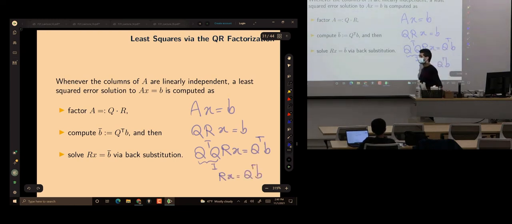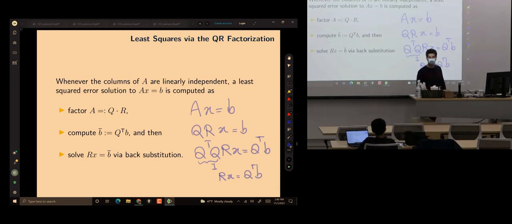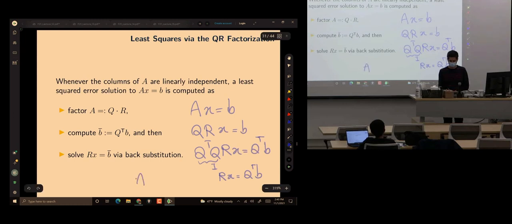So if I have the QR factorization, with one back substitution, you can find the solution. Another interesting fact here is that you do not need to form A transpose A. With QR factorization, you can directly work on A. Whereas with LDLT, we had to form A transpose A.